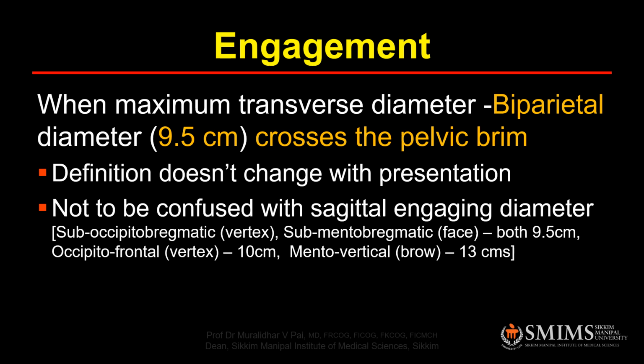For example, in vertex presentation, it is suboccipitobregmatic diameter, and in face presentation, it is submentobregmatic diameter, both of which are 9.5 centimeters. They come in contact with the pelvic girdle. In brow presentation, it is mentovertical, which is 13 or 13.5 centimeters, which is coming in contact with the girdle.